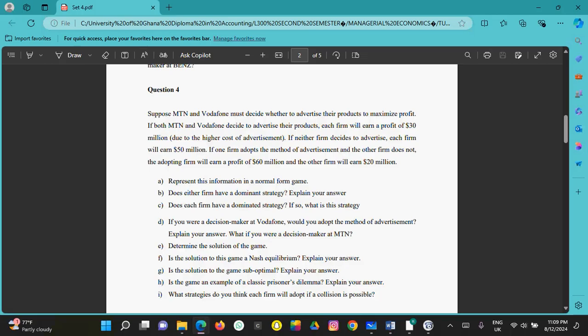So they told us here that if both firms advertise, each will earn a profit of 30 million each.